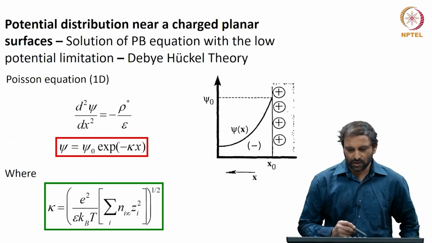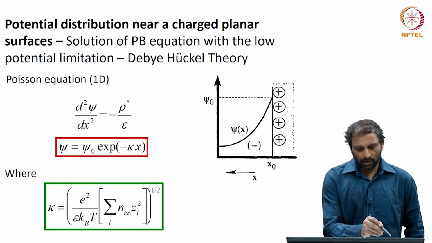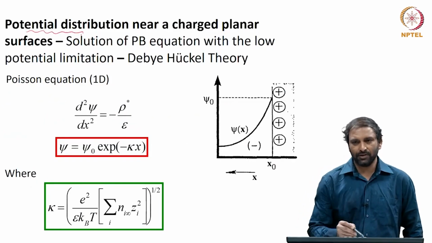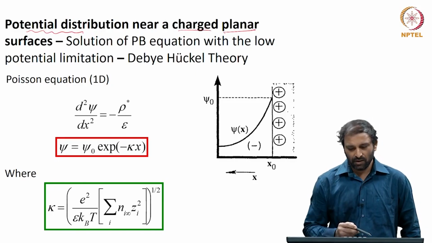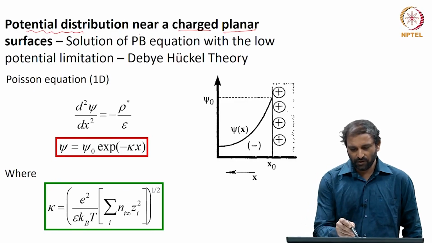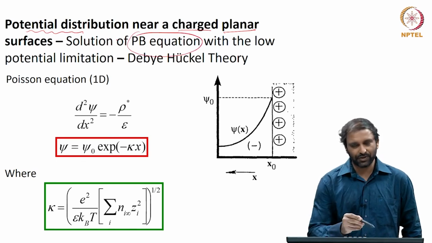So, what we have done so far is to look at potential distribution near a planar charged surface. In that context, we have looked at the solution of the Poisson-Boltzmann equation.